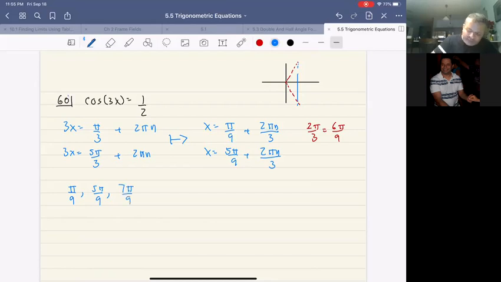You put a prime on that because that's not exactly number 60. 5 pi over 9 plus 6 pi over 9 is 11 pi over 9. That was n equals 1. Let's do n equals 2. That's going to be 13 pi over 9, and the next one's going to be 17 pi over 9.